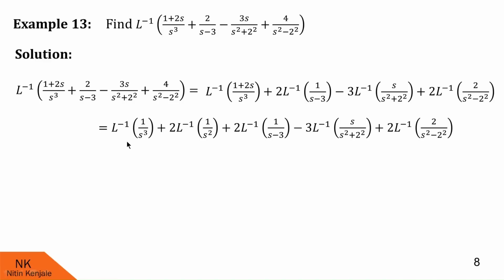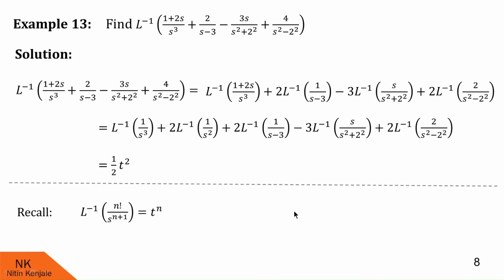Now let us write inverse Laplaces of all these functions. In my previous examples, we have already seen what is L inverse of 1 upon s cube, 1 upon s square and so on. If you don't remember their formulas, you can refer to the recall section over here. So L inverse of 1 upon s cube is nothing but t square by 2.